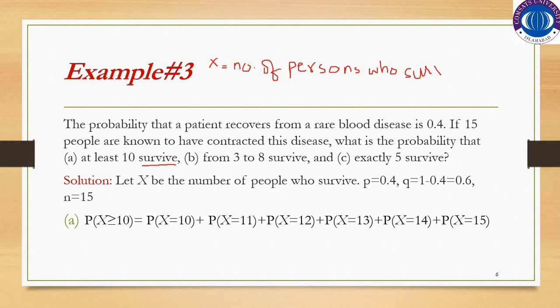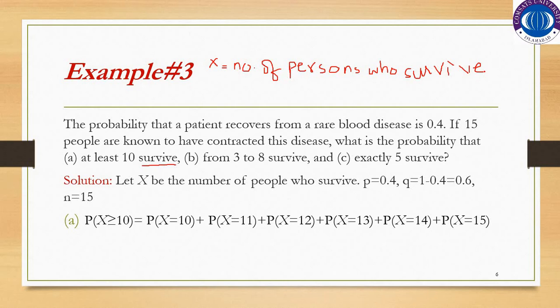So this is basically your variable of interest. And you have two possible outcomes.